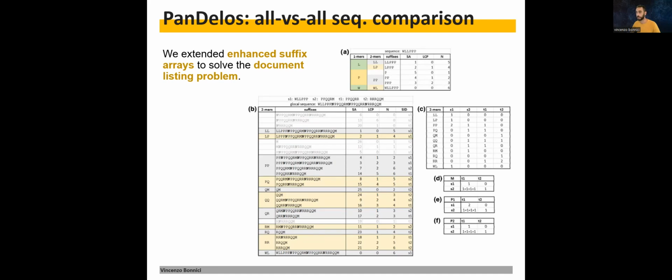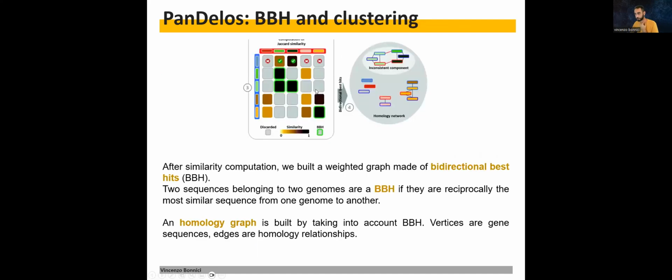We adapted this kind of data structure for our purpose, and we can show that every step of our analysis regarding sequence homology similarity can be performed in linear time thanks to this data structure.